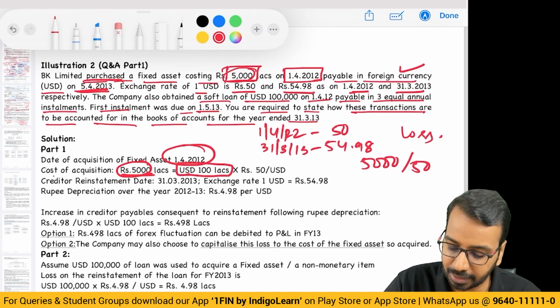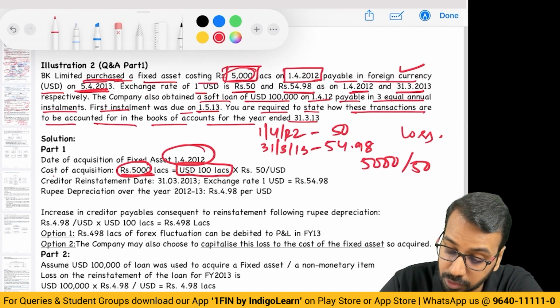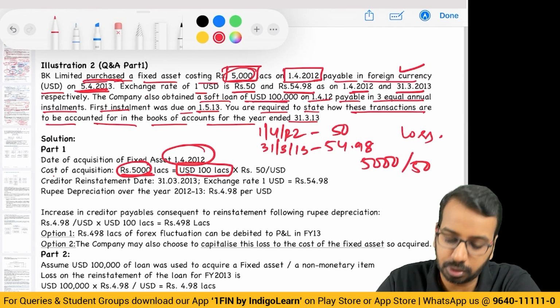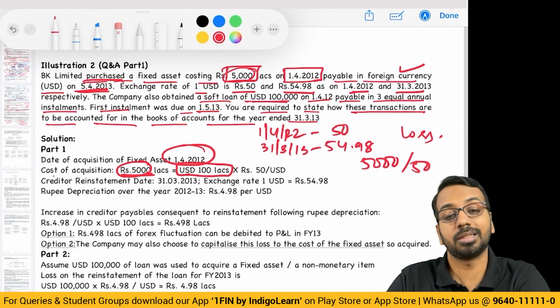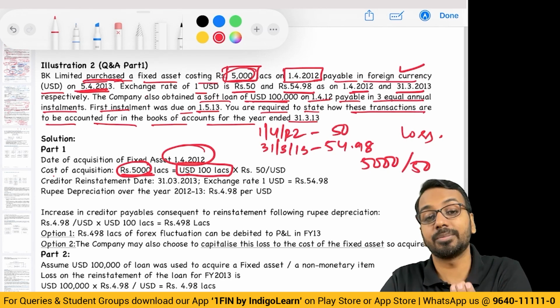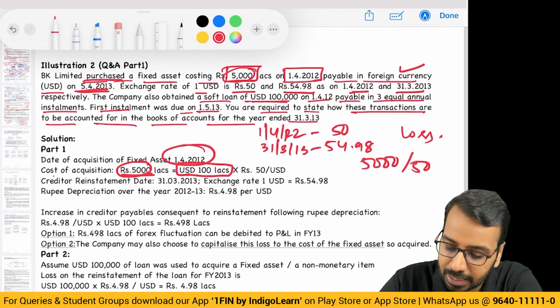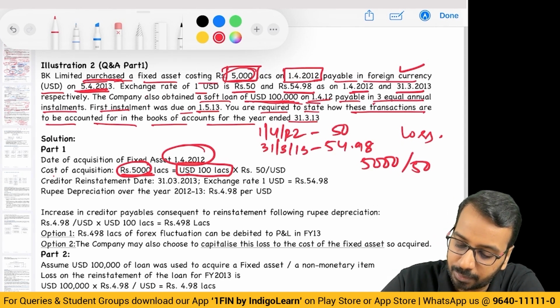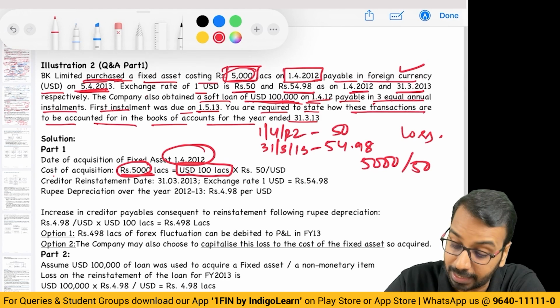Okay. Then we have also taken a loan. Now here you may argue, sir, they did not tell us whether this loan is for the asset or not for the asset. Okay. So now we have to make some assumptions and solve the question. If this loan is taken on 1st of April and payable in 3 equal annual installments, means what? And interest has not been given.